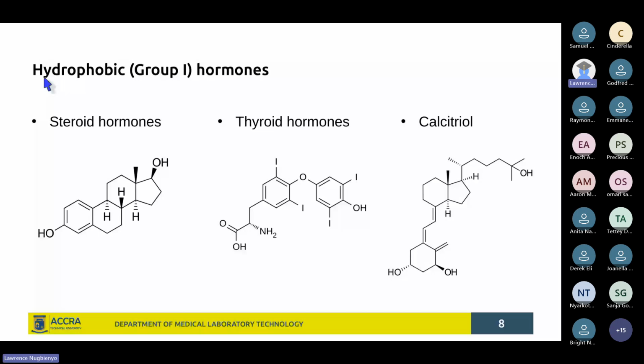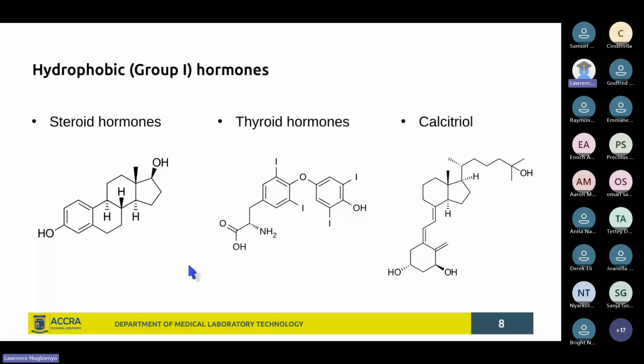Now, the hydrophobic hormones, as I said earlier, will be able to penetrate through the cell membrane because you know the cell membrane is a phospholipid bilayer. It's a lipid. So if it's a lipid, then hydrophobic substances will easily dissolve through it.